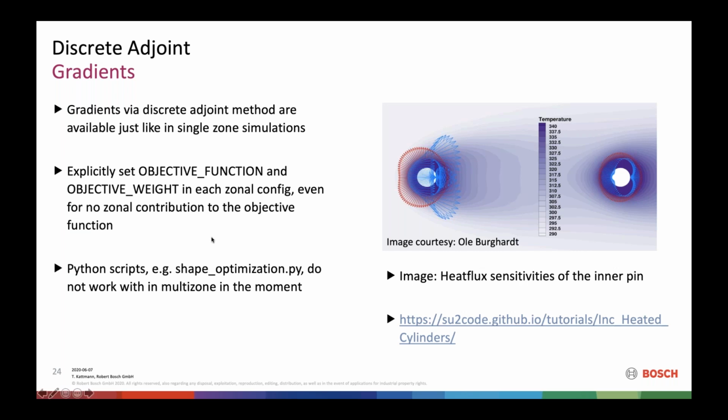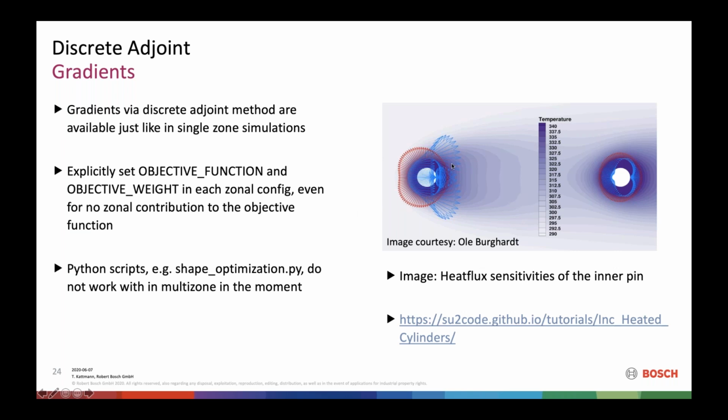It has to be said though that some Python scripts, or I think all Python scripts, are not compatible yet with the multi-zone adjoints. So for example, shape optimization will not work out of the box right now. This feature, the multi-zone discrete adjoints, was implemented by Ole Burkhardt from the TU Kaiserslautern.